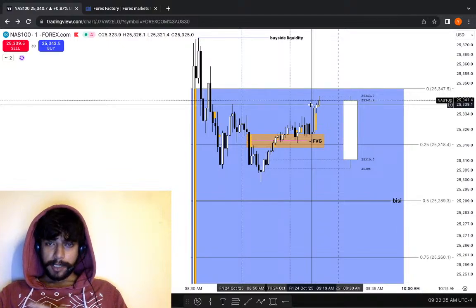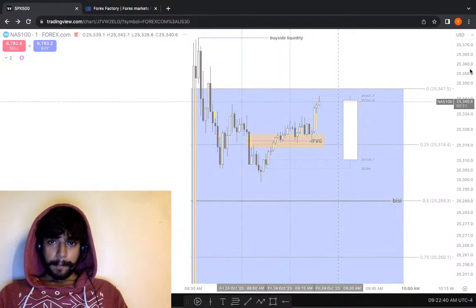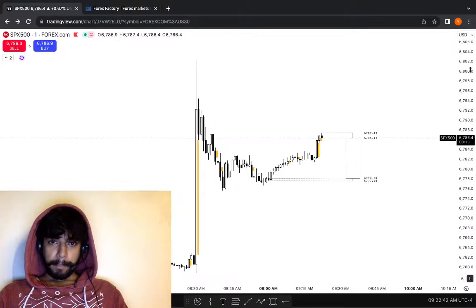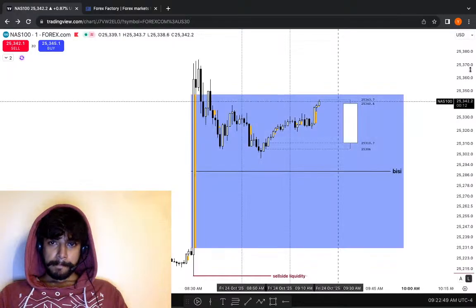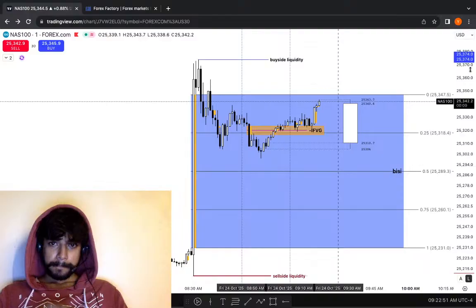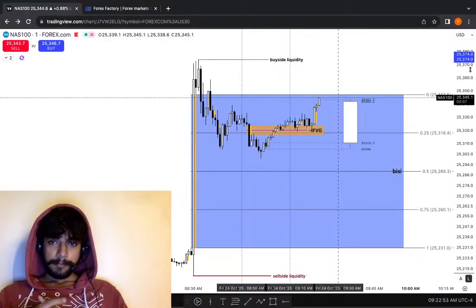But let's see what price does at 9:30. Look at that, it is moving higher, which is good for us.